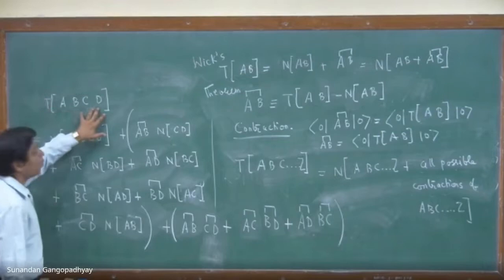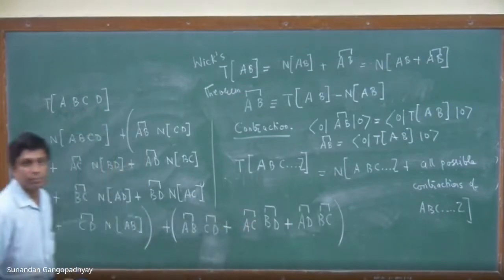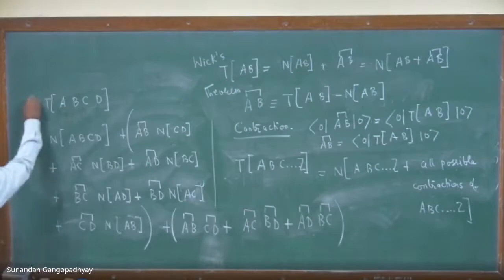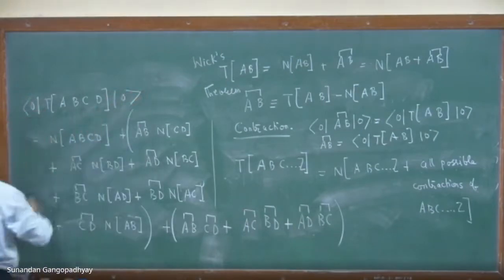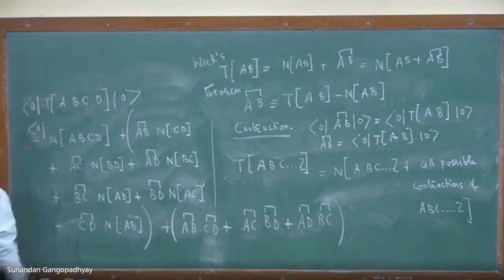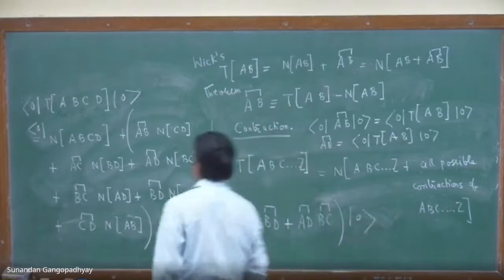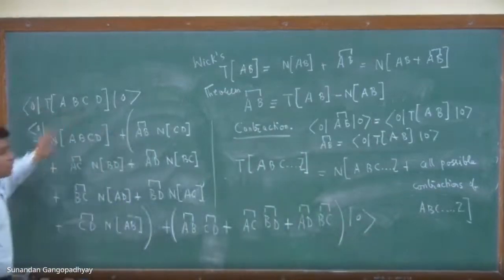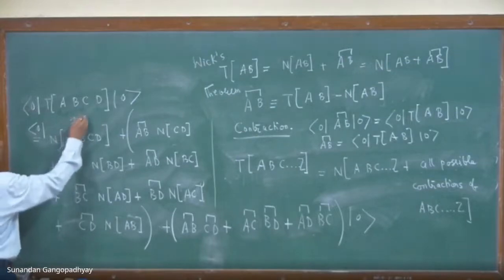And you can see what will happen if you take a vacuum expectation value. So this will be a vacuum expectation value of the full thing, right? If you take a vacuum expectation value, you know that this term will be 0. The vacuum expectation value of a normal ordered product of a string of operators is identically 0.